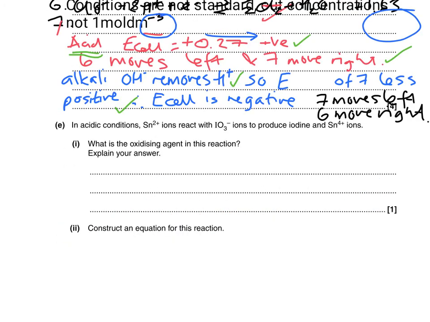Okay, right. So for part E, we have to ask, what is the oxidizing agent? So remember, oxidation is loss of electrons.